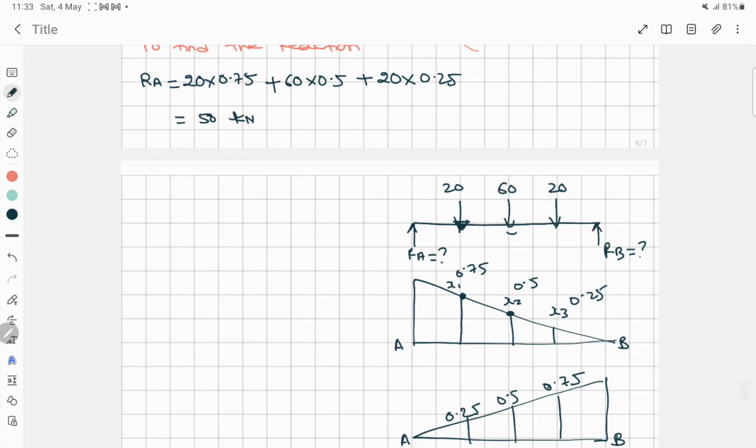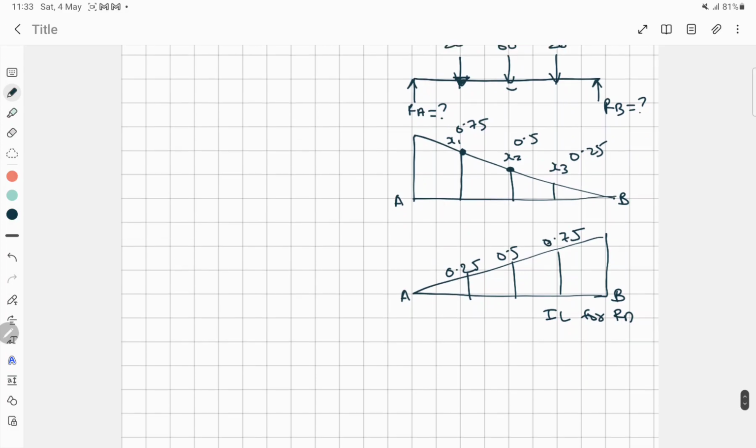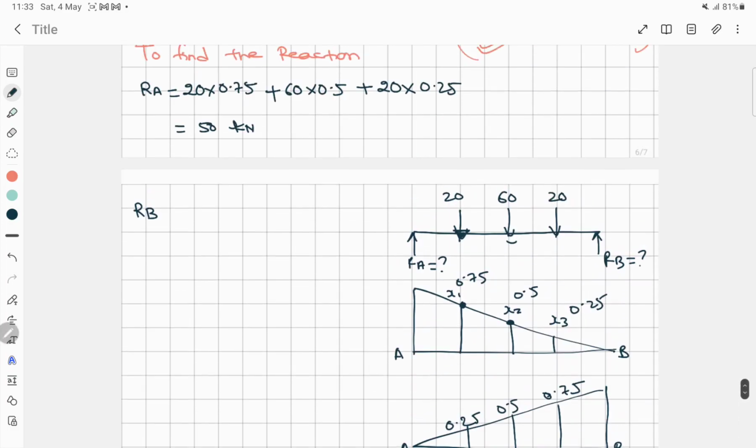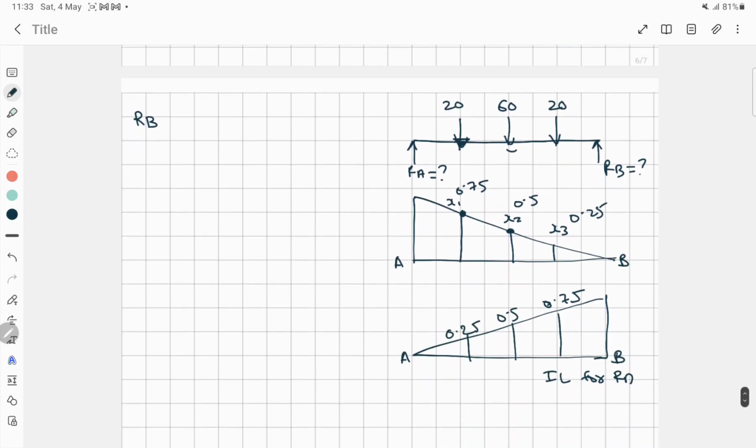Okay, now again we have to find the RB value. See, whenever we are finding the RA value, we have to look into this IL diagram for RA, and if we are finding the RB value, then we have to look into this diagram, that is IL for RB. Same thing, we multiply the load with the corresponding ordinates. Now for RB it will be 20, this load is 20 and the corresponding ordinate is 0.25, right?